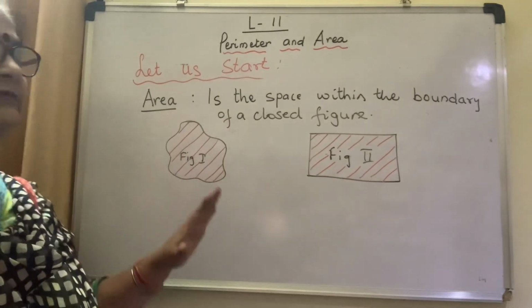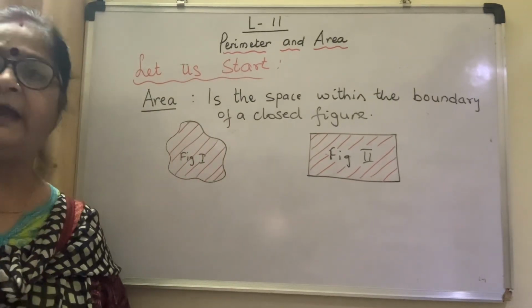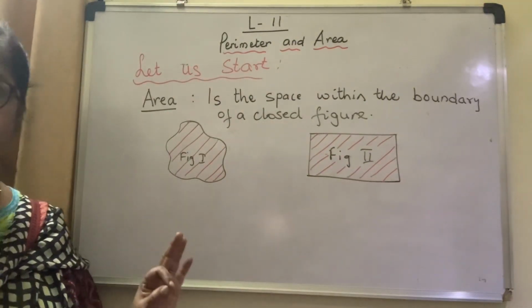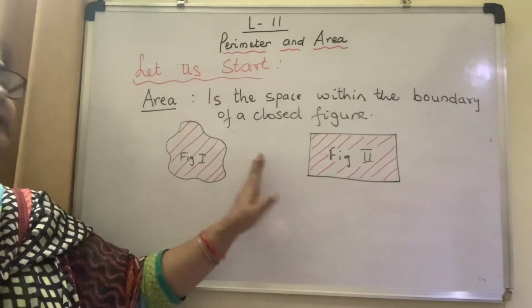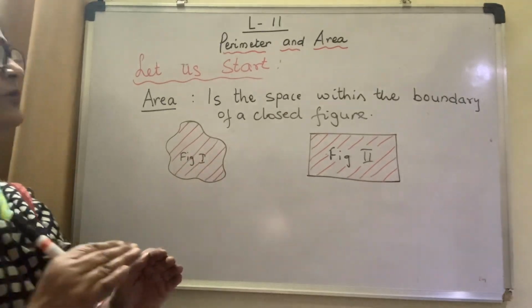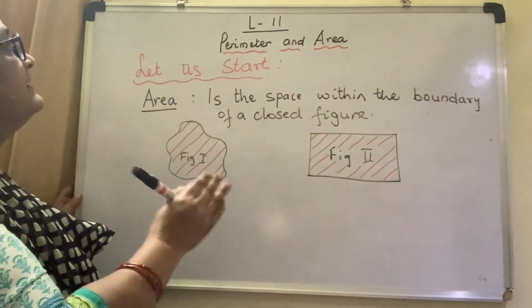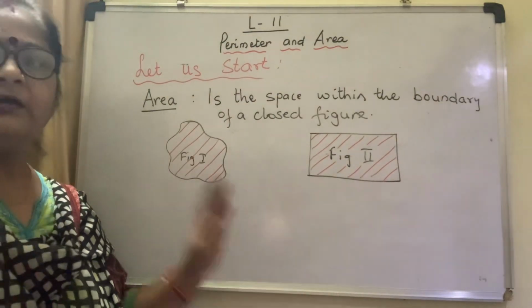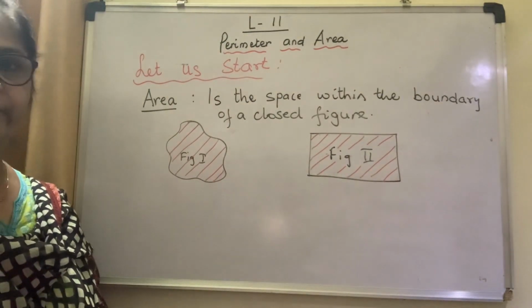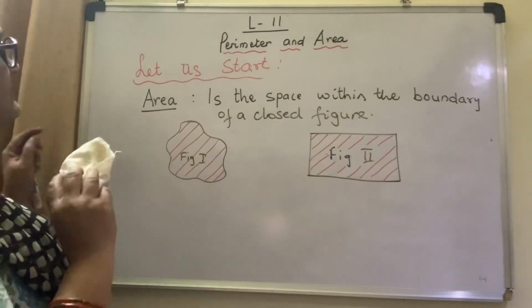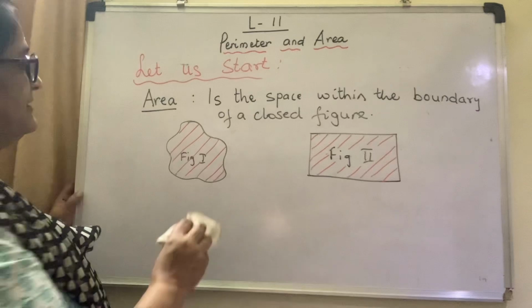So that is the difference between perimeter and area. Perimeter is the boundary of a closed figure, and area is what is inside that boundary. Whatever you have inside the boundary is the area of that figure. Okay, right. So I hope you have understood what area and perimeter is.